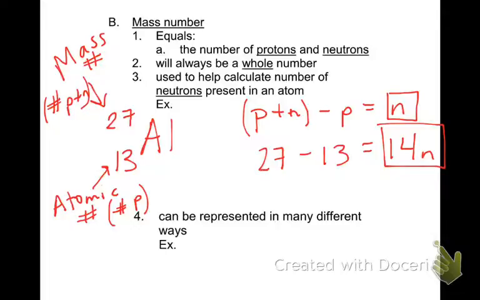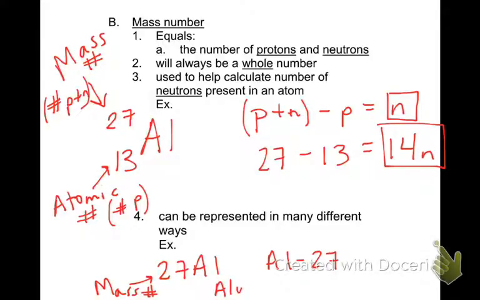And we can represent this in many different ways. We could say 27Al, where that beginning number is our mass number. We could say Al-27, or we could go on to say aluminum-27.